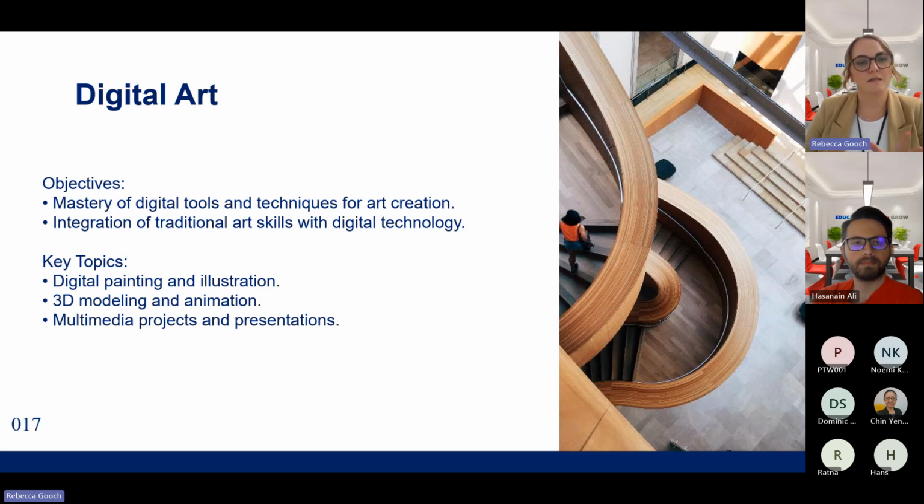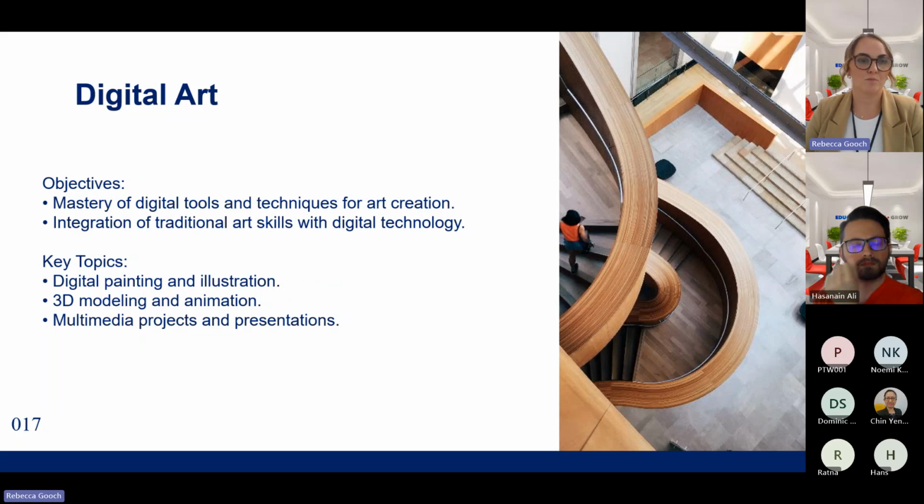We encompassed many, many different techniques in this digital art unit, and we were very cautious not to overload tutors and students in terms of those techniques. So we do focus primarily on particular software such as Adobe that you will have to acquire as a centre if you haven't already.